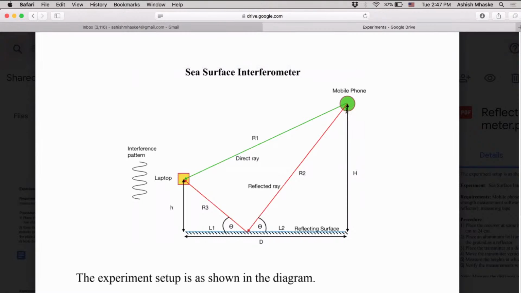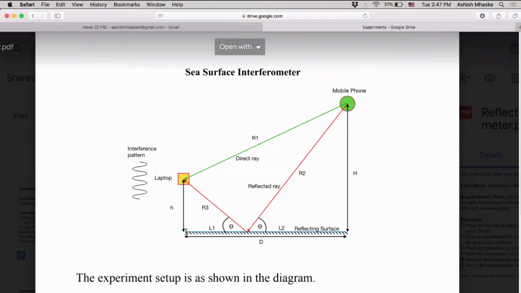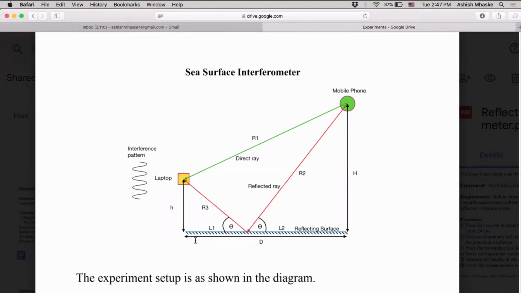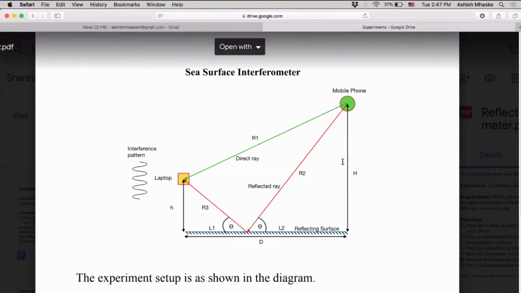So this is the rough idea of the experiment. Again, for the reflecting surface, you can put aluminum foil down, and you can keep your laptop on a chair, and of course you need a measuring tape to measure the height of the mobile phone. You can vary the height yourself and see the difference in power on the laptop.